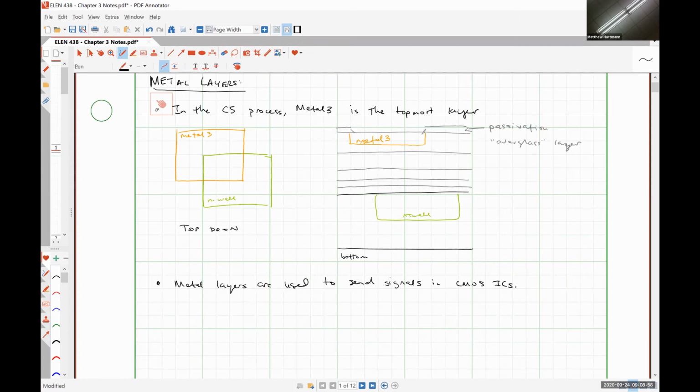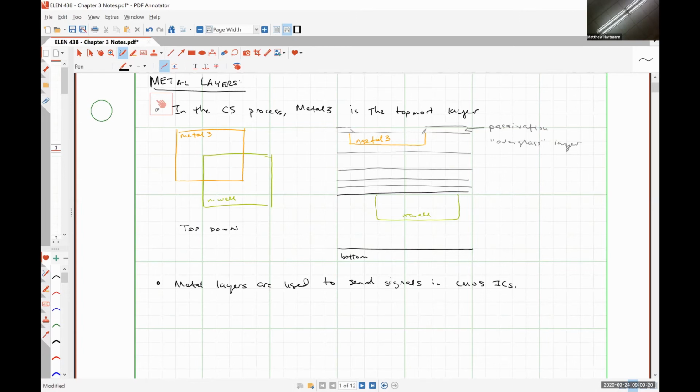So if we want to be able to apply a voltage to a transistor, we actually have to go through from metal 3 down to metal 2, down to metal 1, down to what's called an N+ implant in our N well to be able to apply a voltage.